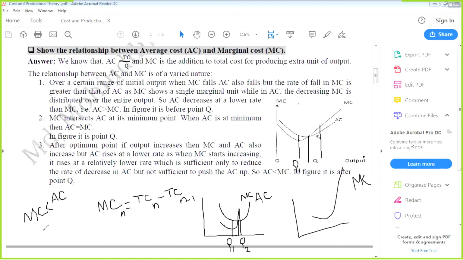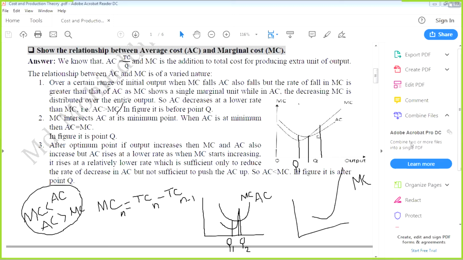Or in an alternative way, average cost is greater than marginal cost. Same thing. Is it clear or not?